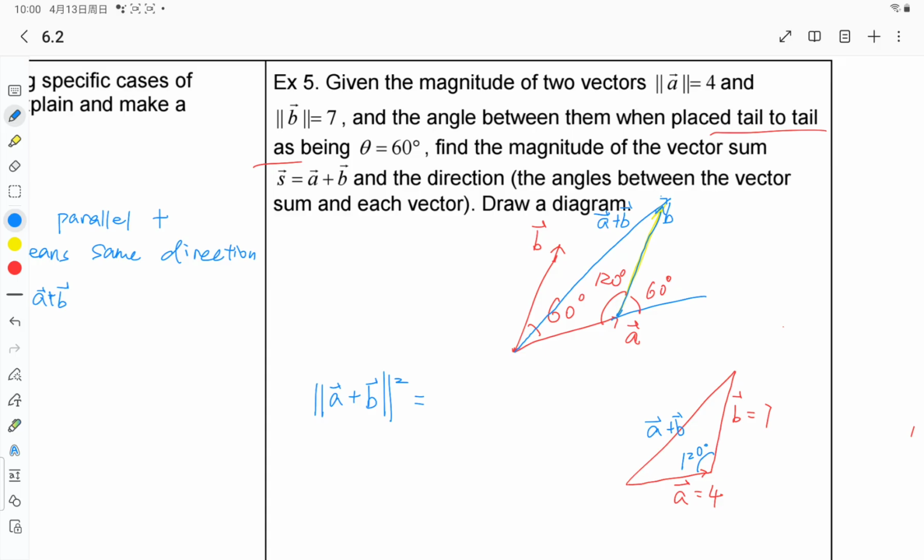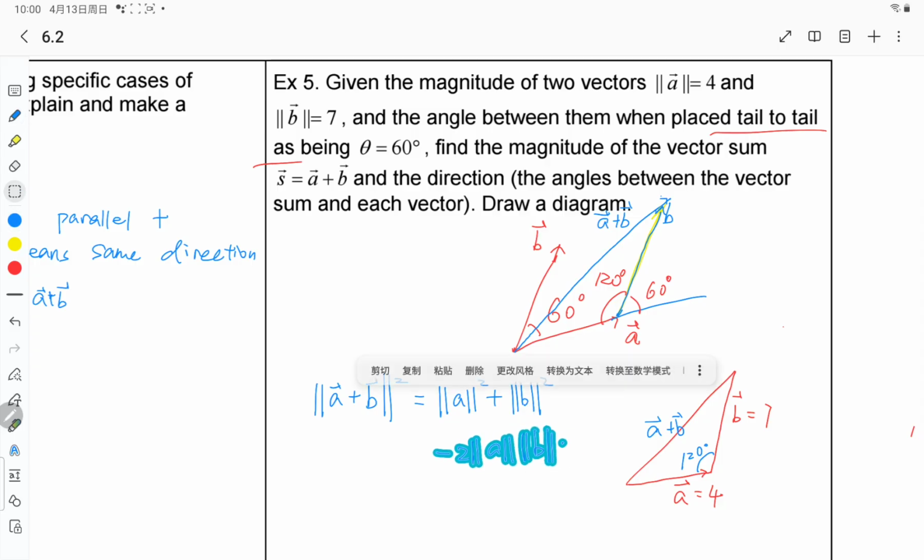So the square of A plus B is: write out the Pythagorean rule first, A squared plus B squared, and then minus 2AB cosine gamma, I think the formula calls this gamma, right?